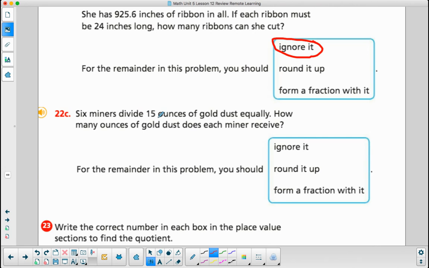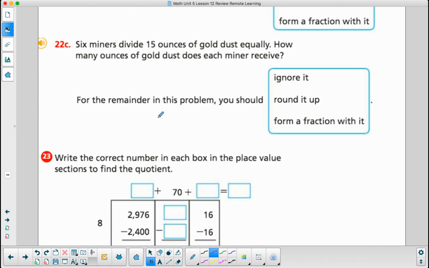Number 22C. 6 miners divide 15 ounces of gold dust equally. How many ounces of gold dust does each miner receive? So I'm going to take 15 ounces of gold dust and divide it equally by 6 people. Well, when I get a remainder, that's going to be some ounces of gold dust.